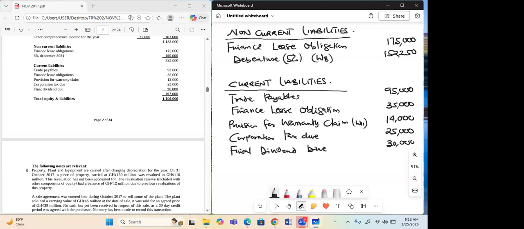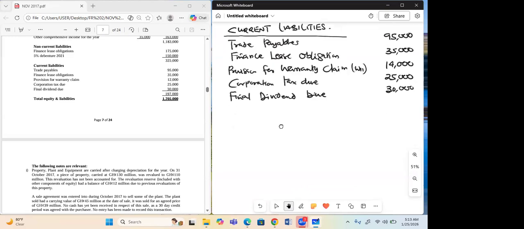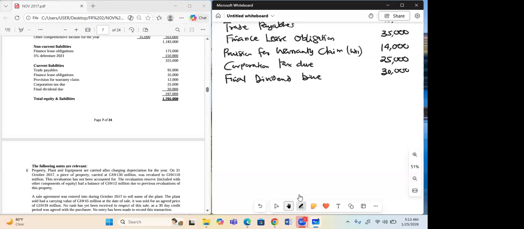Okay. So let's go and work out the retained earnings and then the other components, and then come and put them in there. So that's working number 12, eh? Yes. Okay. So retained earnings.